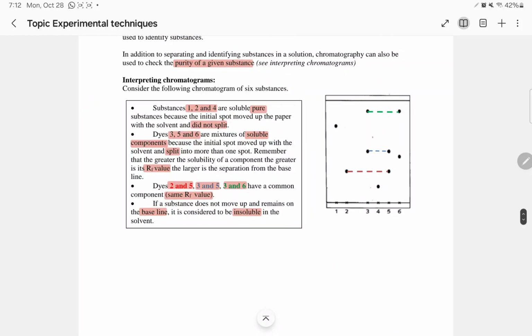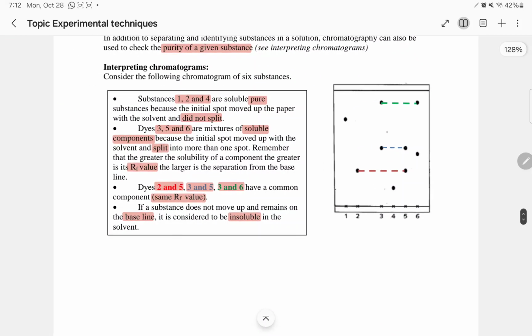Okay, so how can you interpret this chromatograph? If we know substance 1, substance 2, and substance 4 are pure substances. Why?